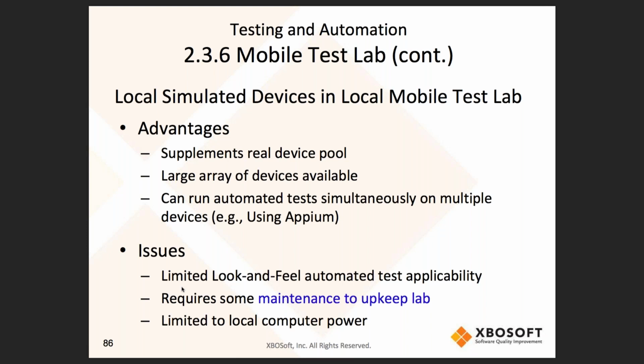You don't have to buy all the phones. And you can run them automatically, but there are issues like limited look and feel if it's simulated. Touching a real device on a capacitive screen is a lot different than having a simulator on a computer, even if you're driving it with automated testing.